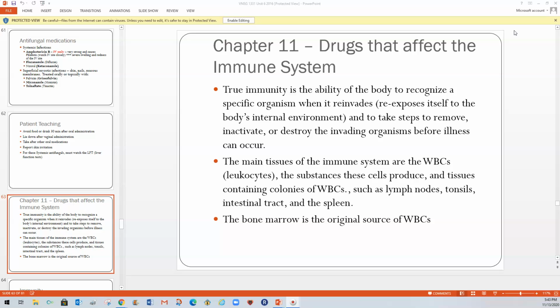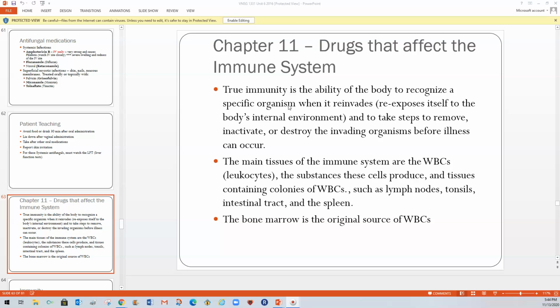Okay, drugs that affect the immune system. True immunity is the ability of the body to recognize specific organisms when it reinvades or re-exposes itself to the body's internal environment, and to take steps to remove, inactivate, or destroy the invading organisms.